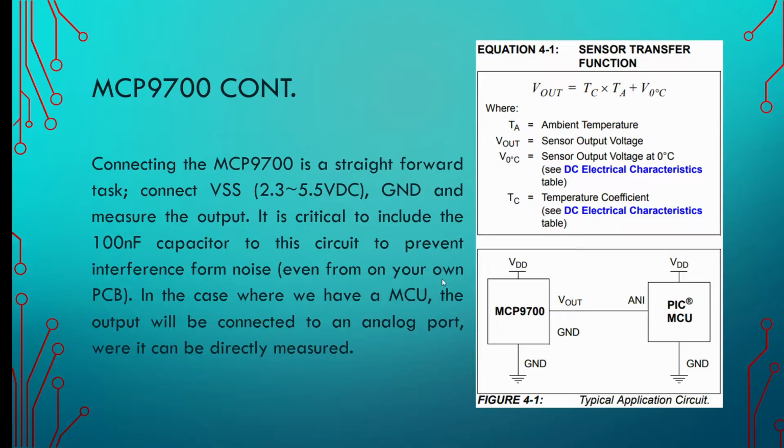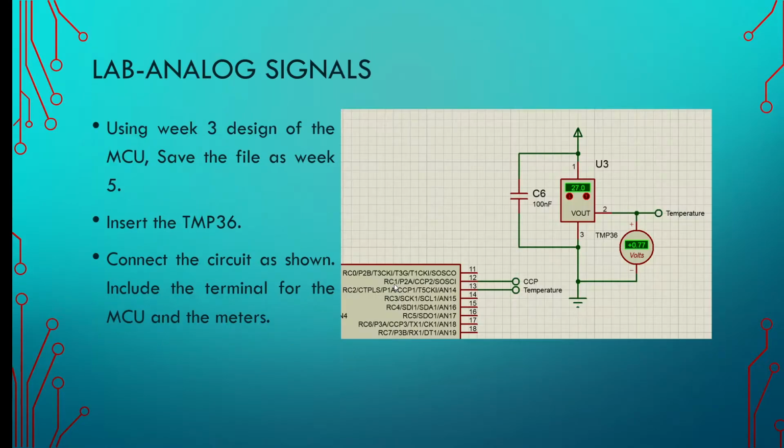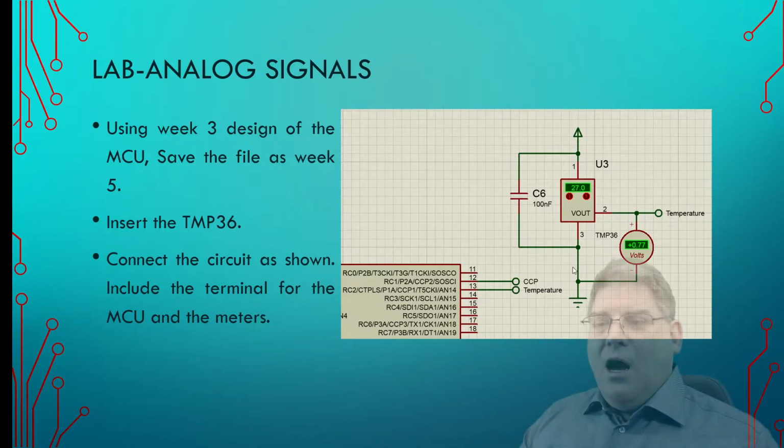That comes from the data sheet, and we want to place it across our VDD. Adding further capacitance to the output is possible, but you want to be sure that it's very small because it will add hysteresis or a delay in your signal.